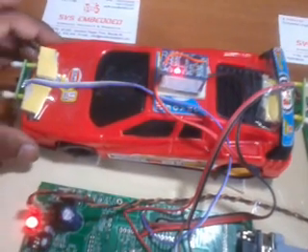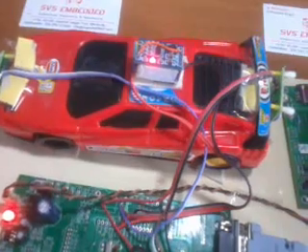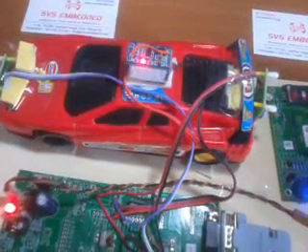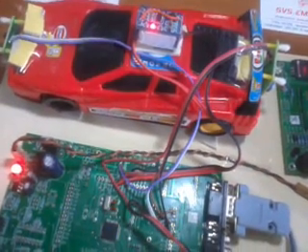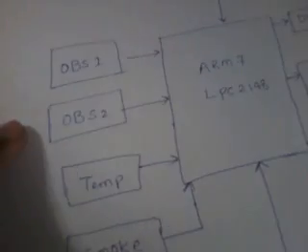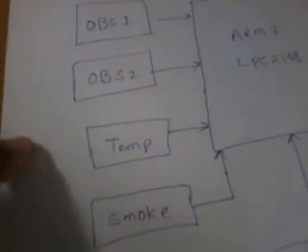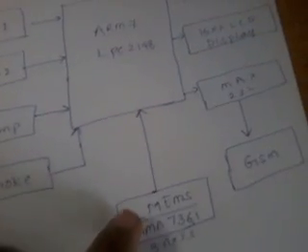We prepared one car having obstacle sensors, a gas sensor, a fire sensor, a temperature sensor, the MEMS sensor and the GSM modem. We are using front obstacle, back obstacle, engine temperature and smoke sensing, along with the MEMS and the SIM 300 GSM modem module.